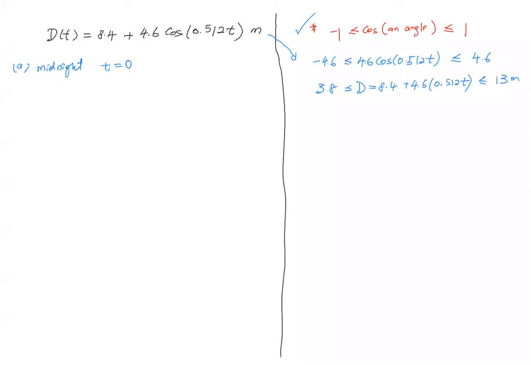So you go to your graphic calculator, call out your Y1, and put the time at 0. Do you get 13 meters? So the highest is 13 meters. So at night, do you get high tide or low tide? High tide.